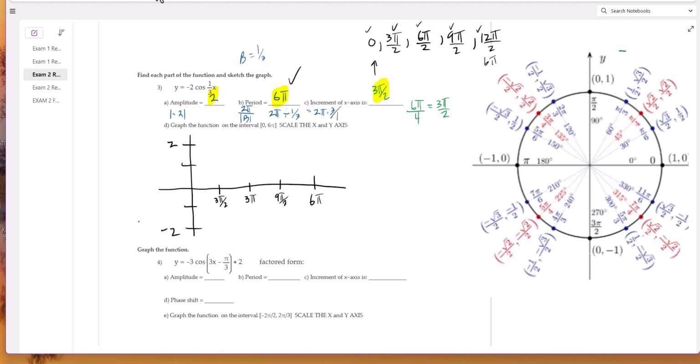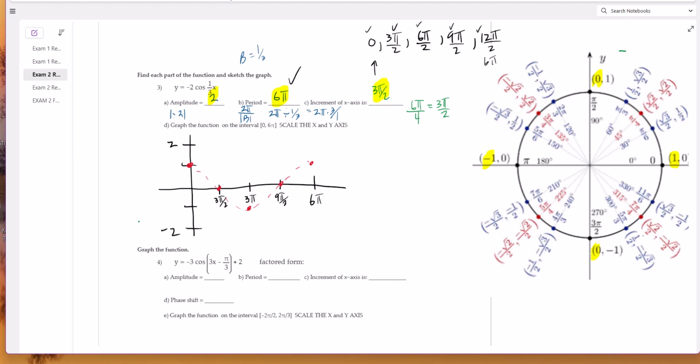Now you don't even have to look at the unit circle, but again, the cosine is the x value. So we're going to cycle through these points in this order. So we're going to start here and then cycle through to get these 5 key points on our 1 period. So that'll go like that. And then the rest of this is multiplying the y value by -2.